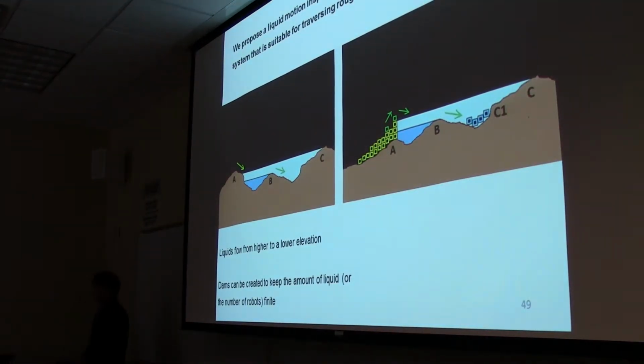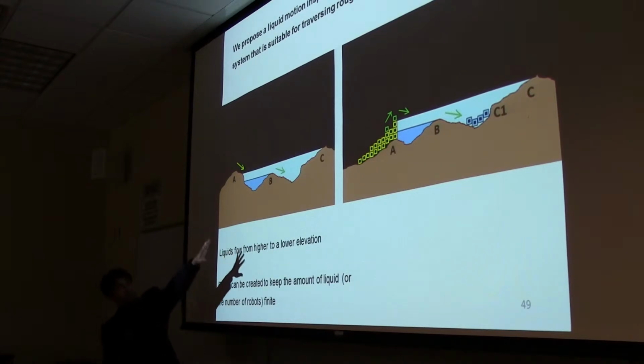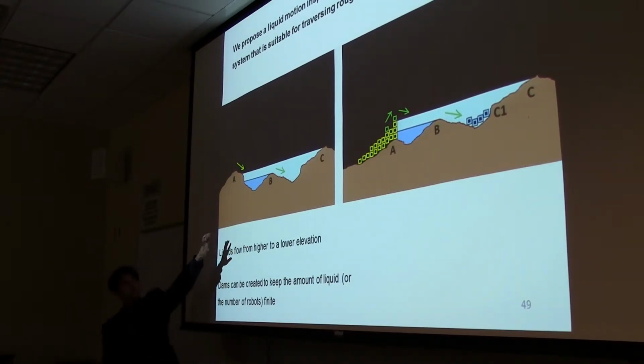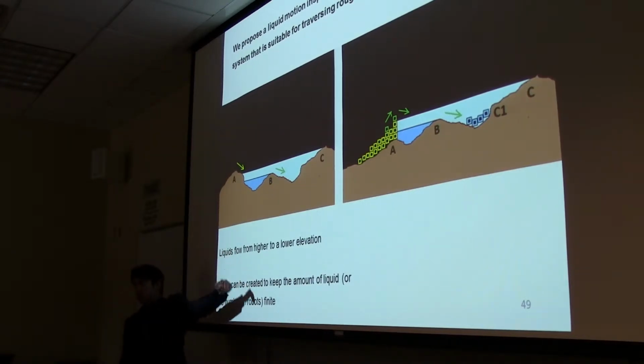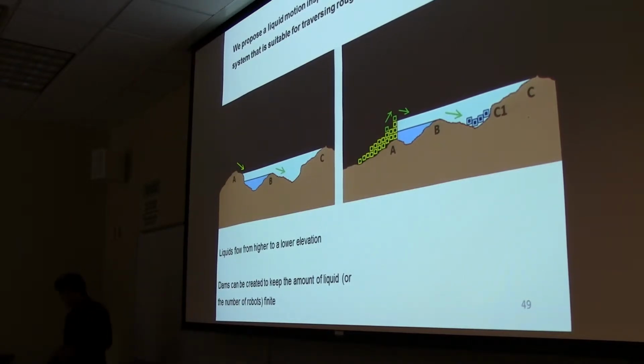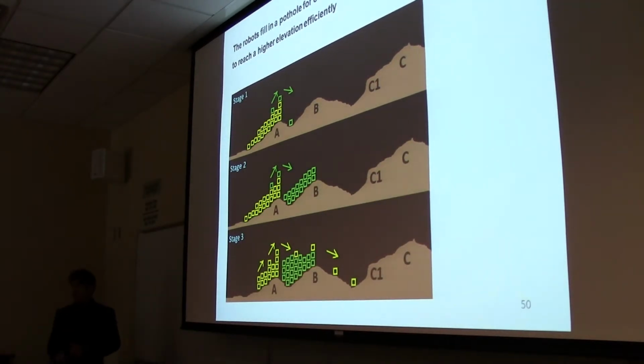And we came up with a theory inspired by the motion of liquids: if there are two potholes and you fill one with water or other liquids, and then you add more liquid, it actually gradually flows to the next stage. So we can possibly perform the same using robots.